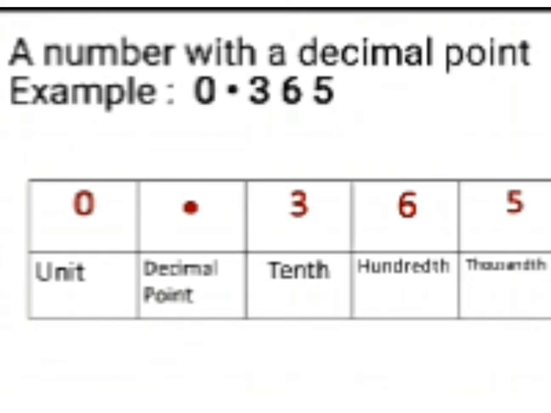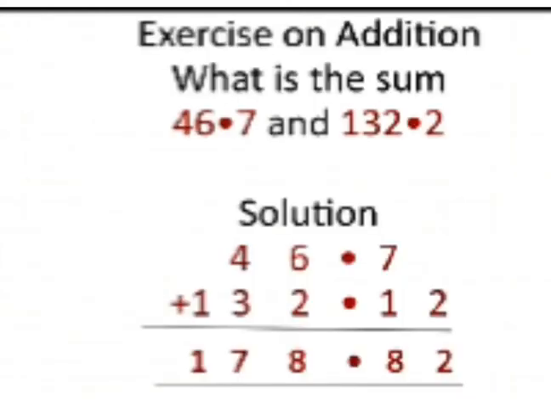You were equally taught addition and subtraction of decimal numbers. Now look at the good example there. What is the sum of 46.7 and 132.2? Notice, when adding and subtracting with decimal numbers, the arrangement is very vital.